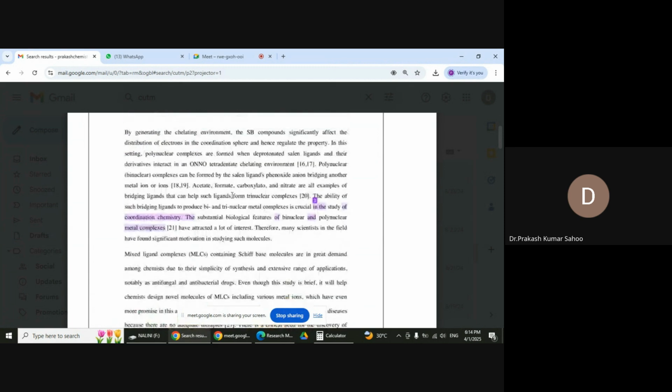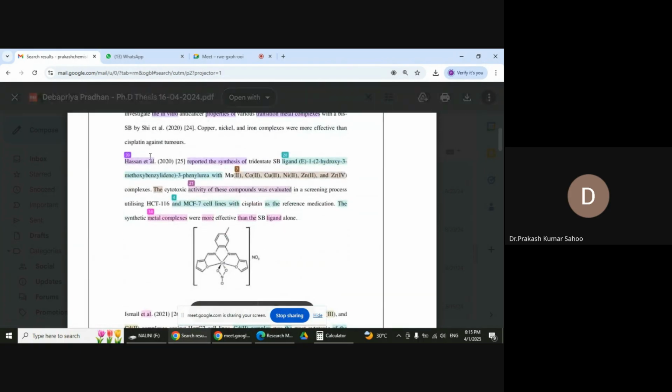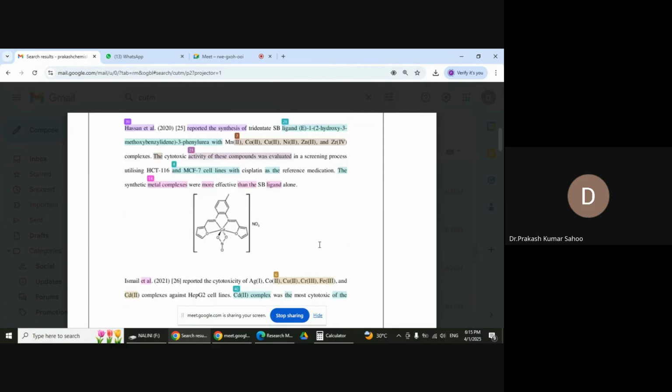Just see here, various colors are there. One is violet, one is green, one is pink. So these colorations are for different published papers.